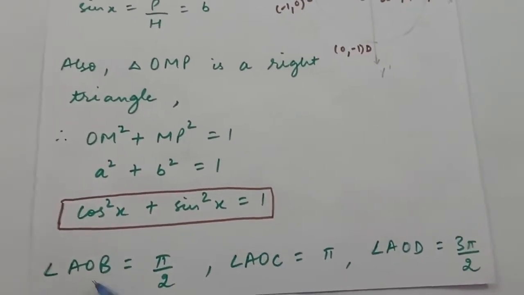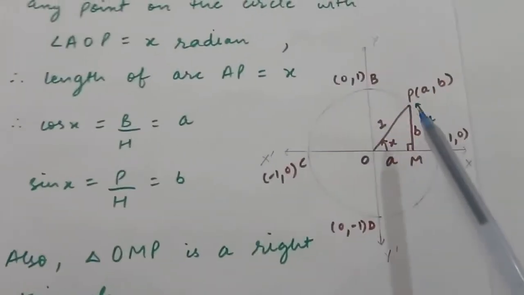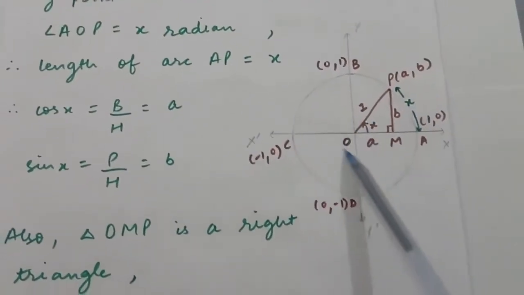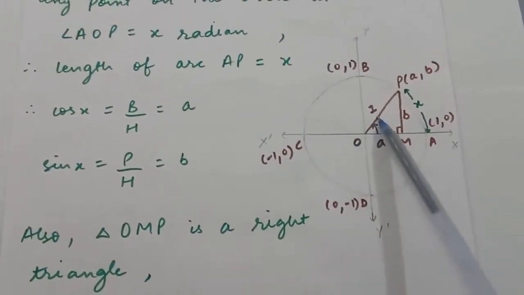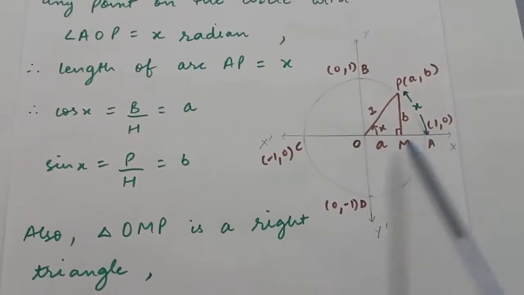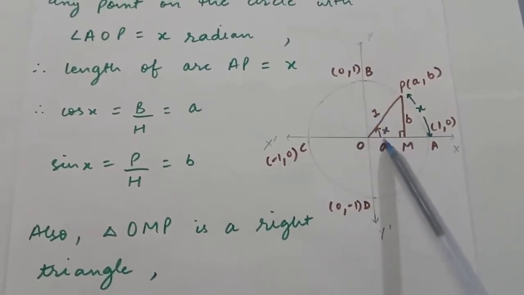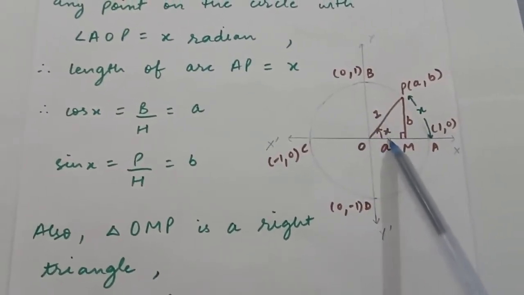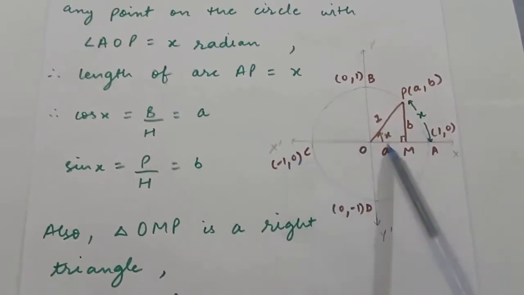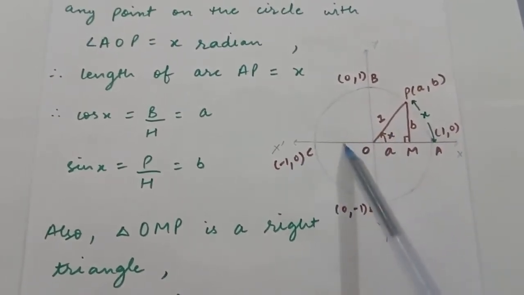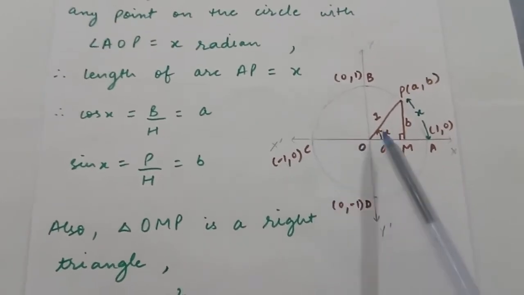Now angle AOB. See, this complete angle is 360 degree. So the 1/4 part, that is this angle AOB, will be 90. Similarly angle AOC, that is this angle, is 180.